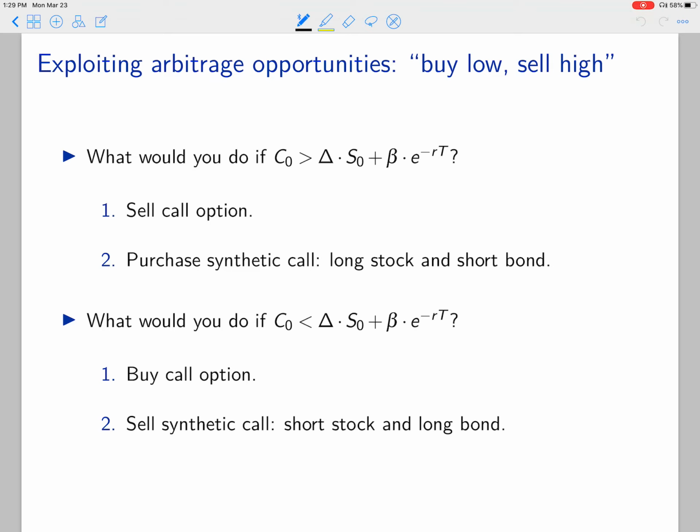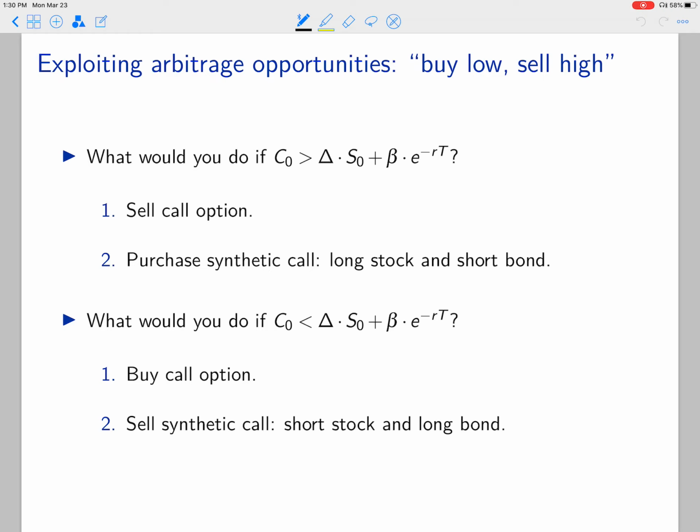We now want to ask what happens if the actual observed market price of the call option differs from the price of the replicating portfolio. If we remember back to forwards, we did something similar, and we learned that if the price differs, then there must be an arbitrage opportunity.